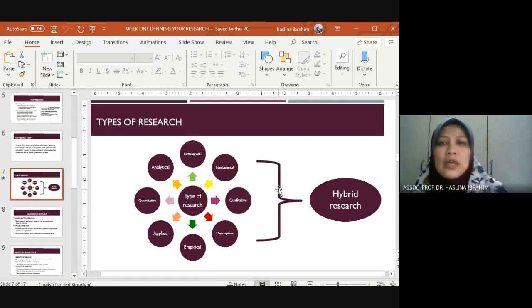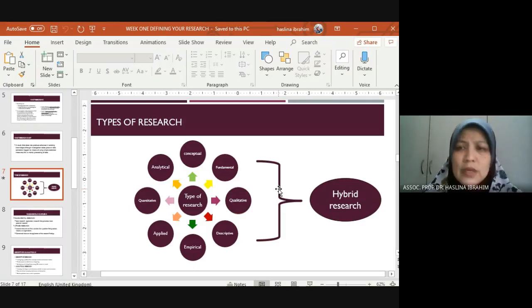Okay, fundamental research. Fundamental research is when you are discussing fundamental issues. For example, in 2007, 2008, I initiated a research about the concept of permanence and dynamism in religion and religious thought.